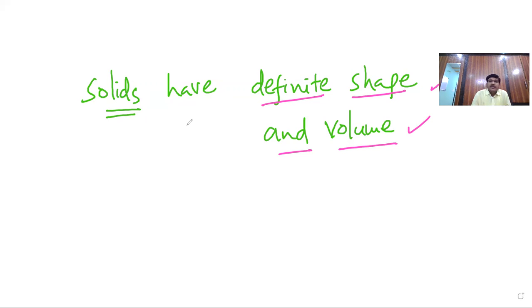That is the second property of solids. And for the internal particles, there is no freedom of movement because they are closely packed.